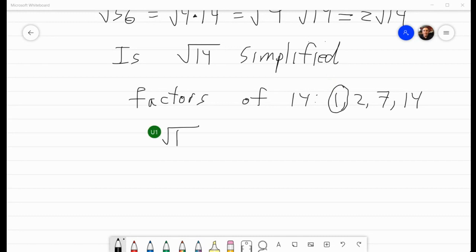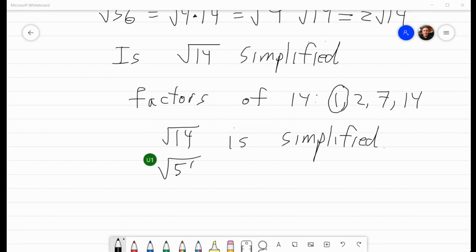So the square root of 14 is simplified. So that tells us that we're done. Basically, we get this. Okay, so that's good. That's one example.